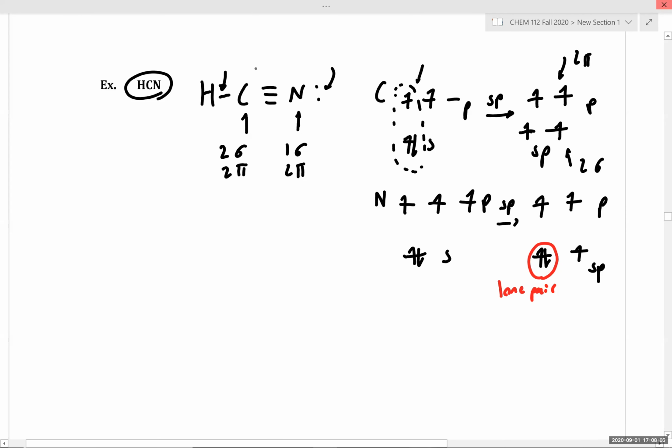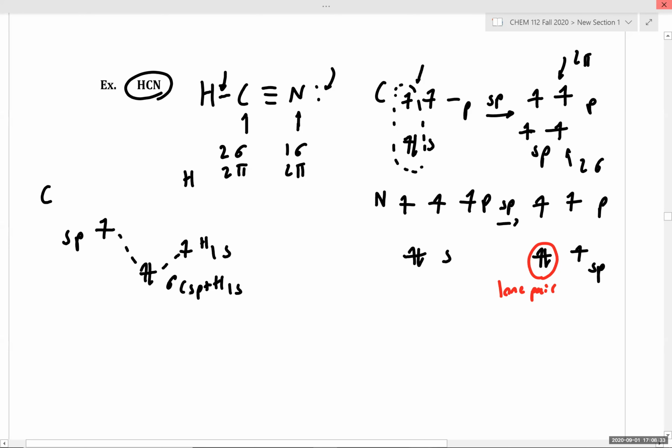So to form the sigma bond between carbon and hydrogen, carbon can contribute an sp orbital. Hydrogen contributes a 1s orbital. And then in turn, we generate a sigma bonding orbital.